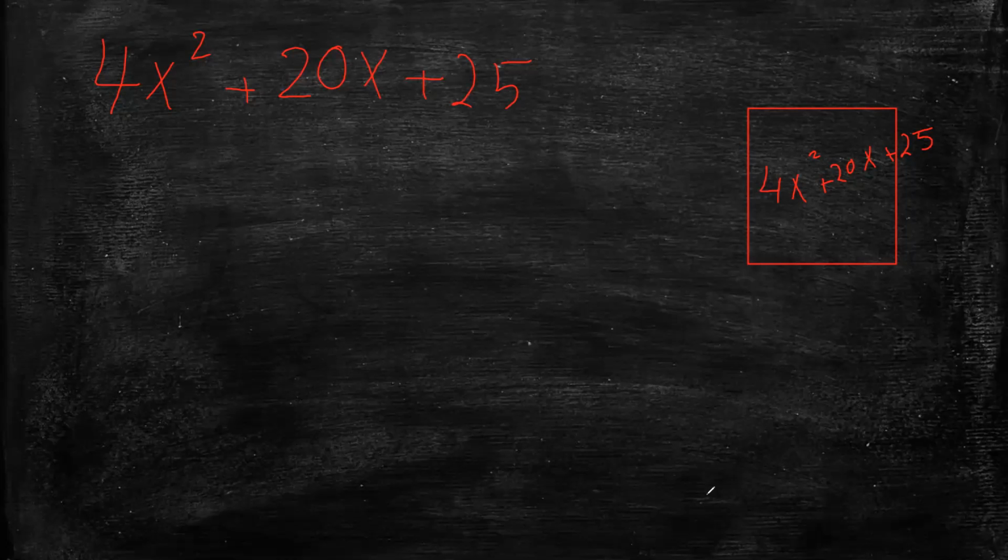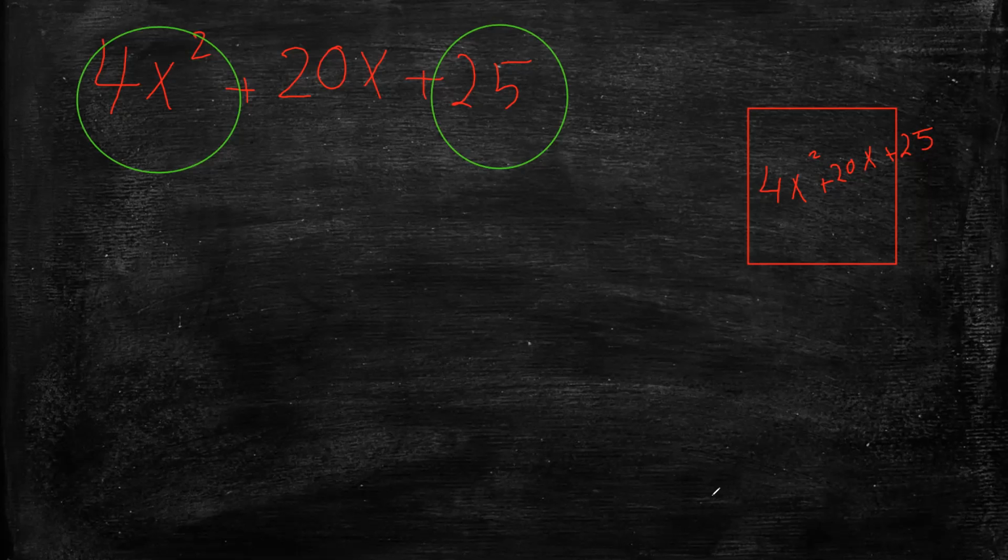I want to see now if they are a perfect square trinomial. Look at the first term here, and look at the last term. Is the number 4 a perfect square?